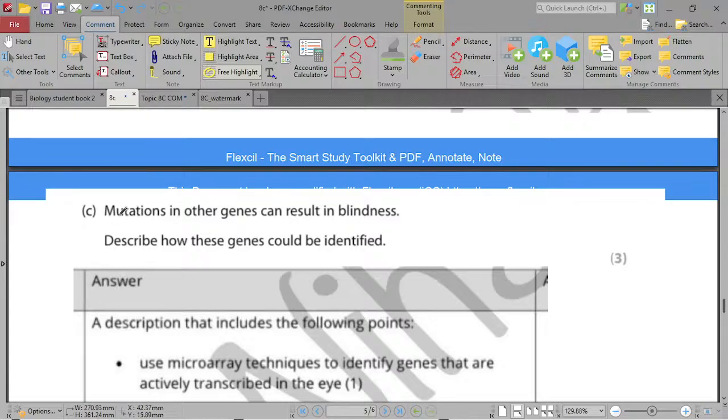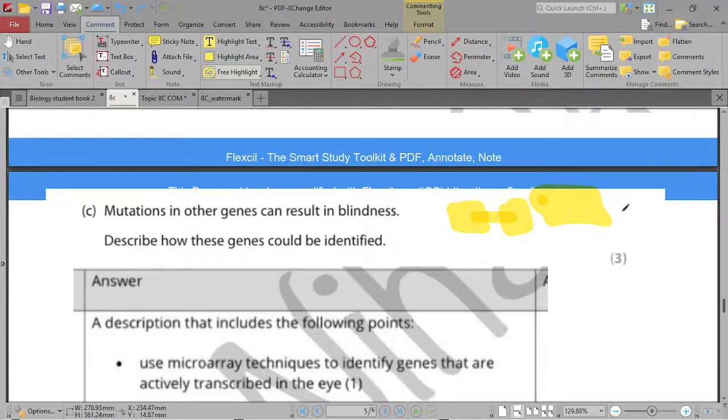Mutations in other genes can result in blindness. Describe how these genes can be identified. So using a microarray and bioinformatics, we can take a group of healthy cells and a group of diseased or mutated cells, and using a microarray, we can identify the genetic differences between both.